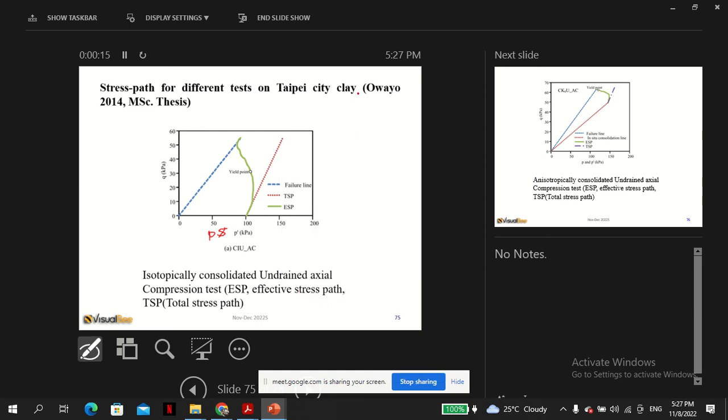Okay. So I've said we can have different tests: axial extension, axial compression, lateral extension. Now, like I've explained, all these tests can have different kinds of consolidation. Each of these can have K naught consolidation or isotropic consolidation.